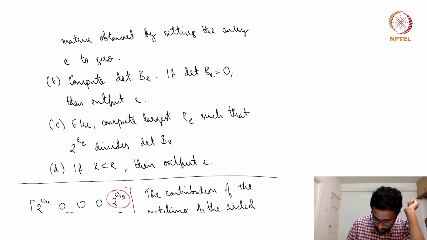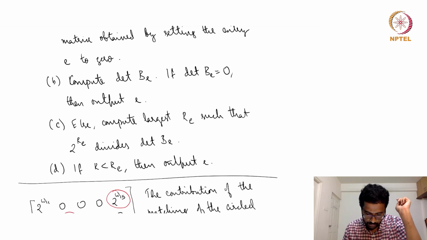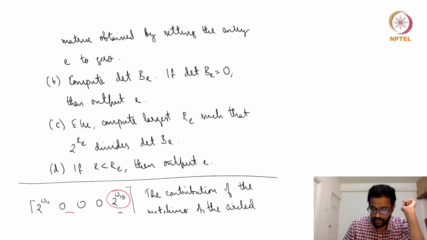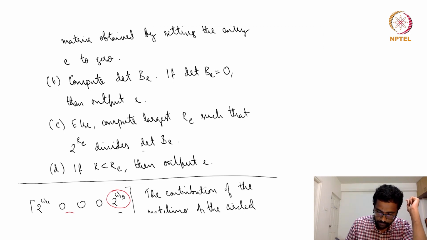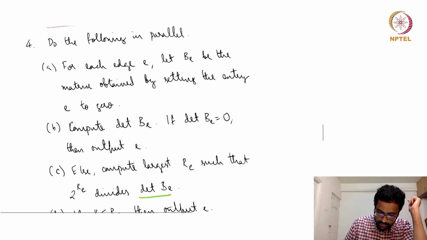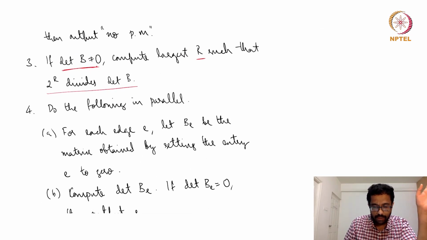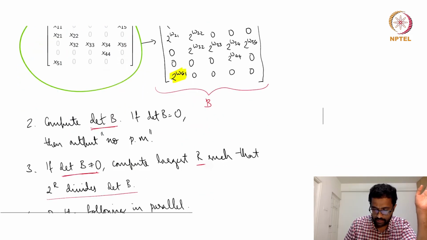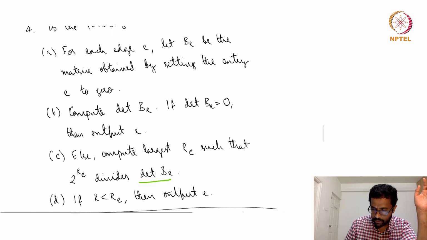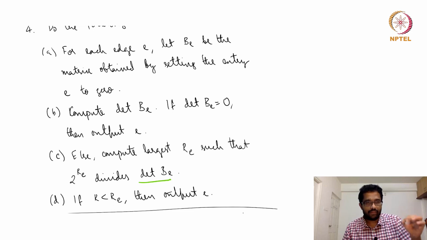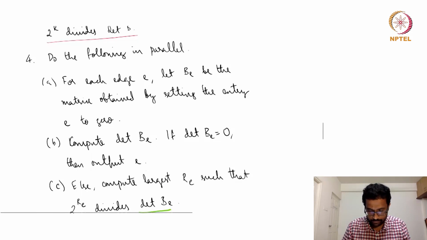I'm just rewriting the e's to actually look like e's; sometimes it looks more like L than e. So compute the largest r_e such that 2 power r_e is a factor of determinant b_e. Now recall we earlier computed this r, where b was the original matrix that we have here, and b_e is the matrix where the one edge entry is replaced by 0.